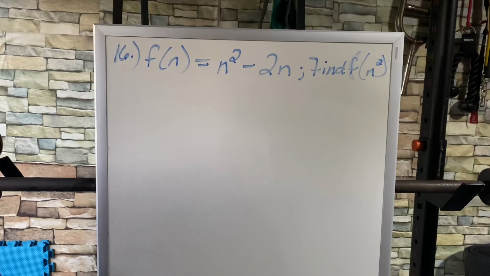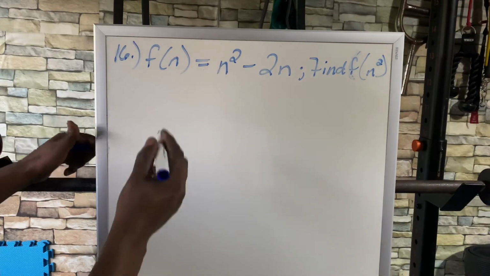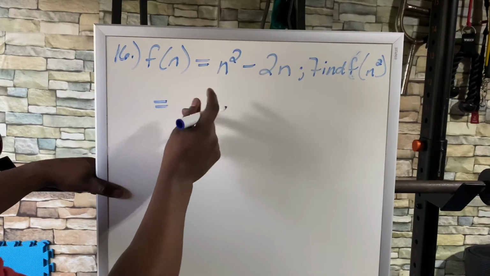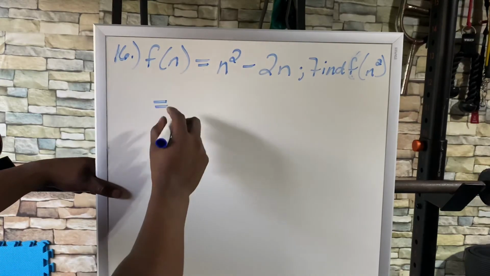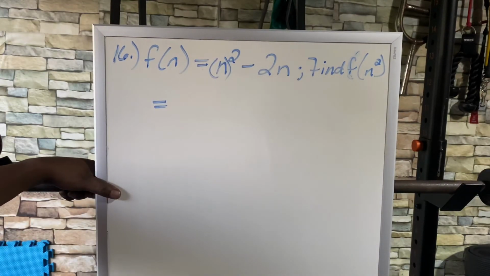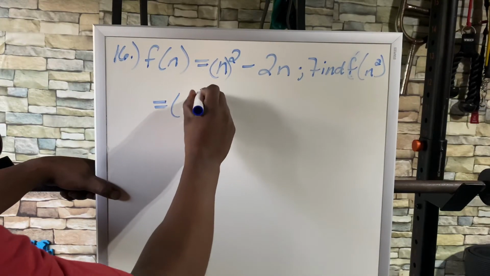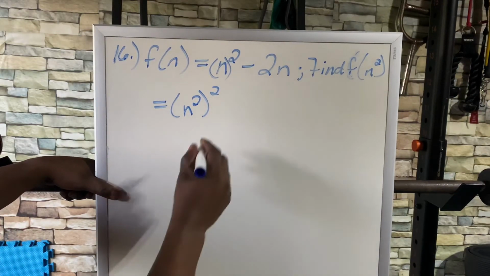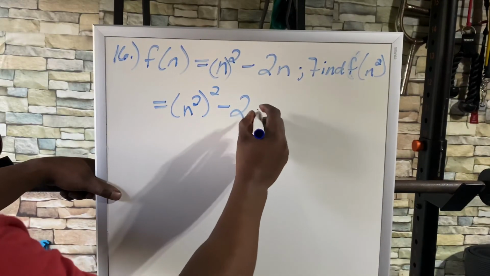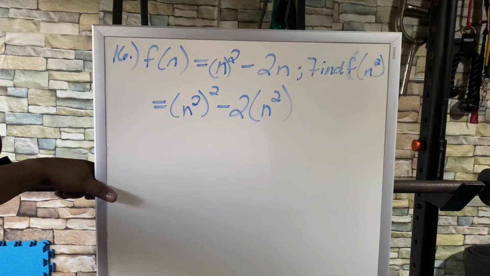Number 16, f of n equals n squared minus 2n, then find f of n squared. So we're going to take n squared and sub it in for this n. We're not going to remove the exponent. So n squared, all squared, minus 2 times n squared.